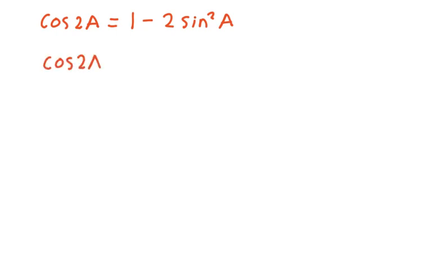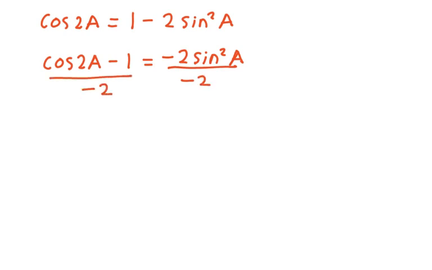And I'm going to get cosine 2a minus 1 is negative 2 sine squared a. Now, divide both sides by negative 2. And so I get sine squared a is cosine 2a minus 1 divided by negative 2.